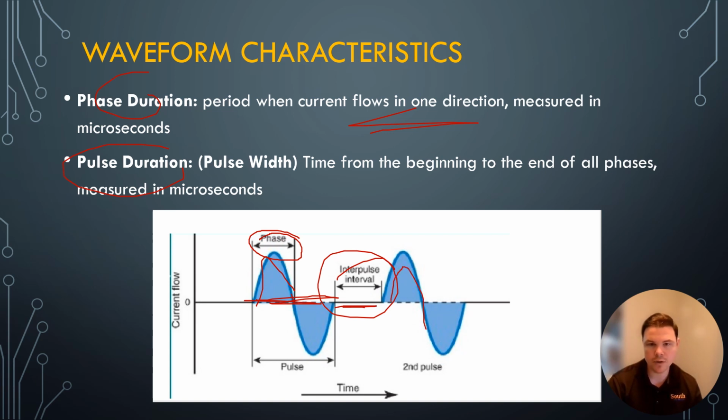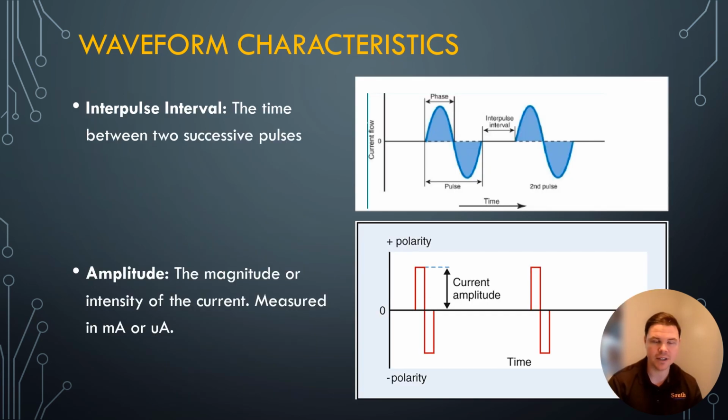So here's one pulse. It has two phases, one going positively, one going negatively. That would be the pulse width or duration. That makes sense. We saw that a bit in our practical. The amplitude is the magnitude or intensity of the current.